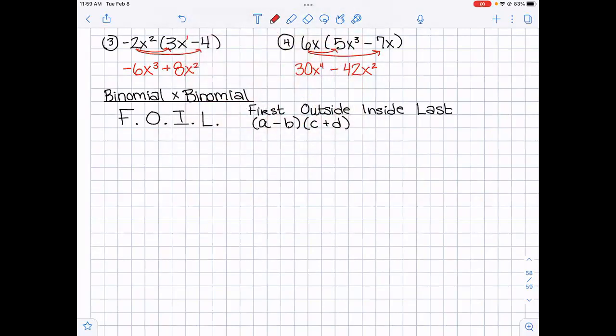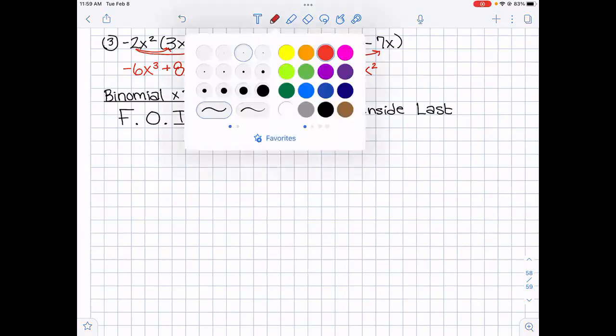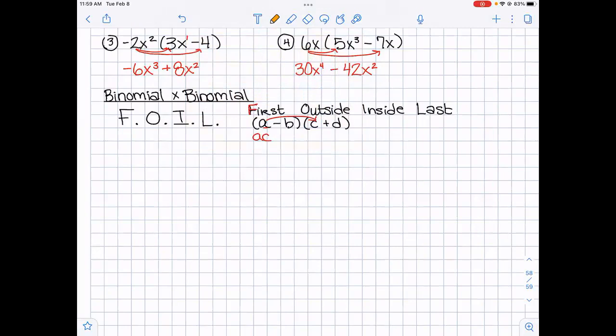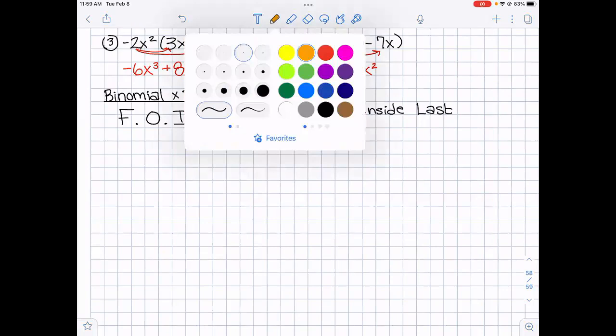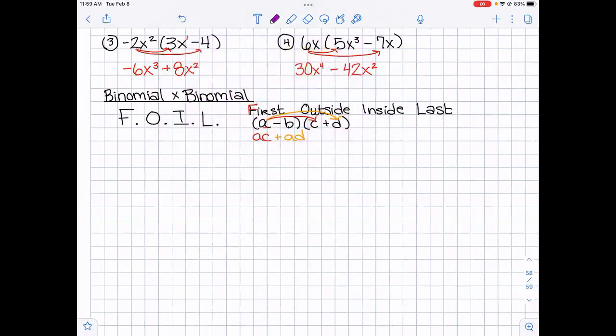So when it says first, we're gonna do the first term times the first term. So A times C. Then it says outside, so we do the outside term times the outside term. So A times D. And it says inside, so you do inside term times inside term. -B times C is -BC.